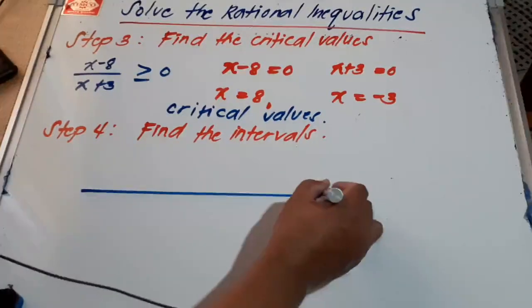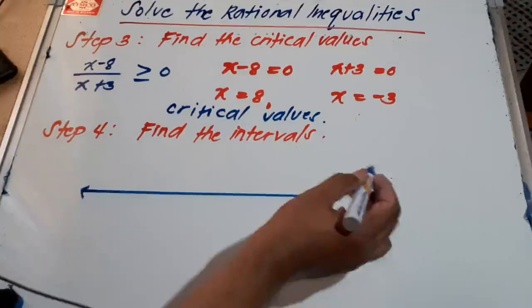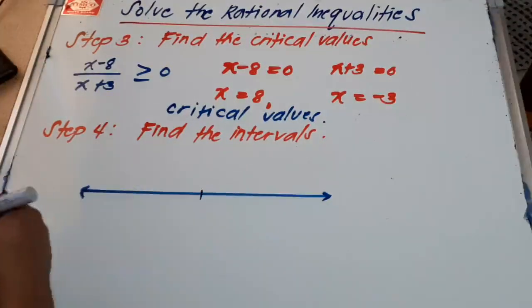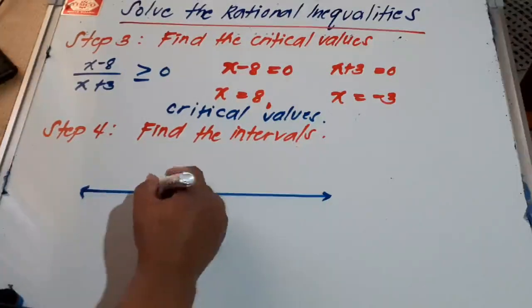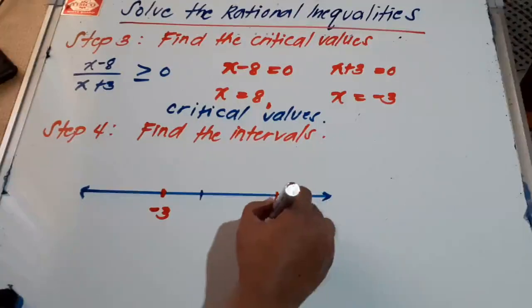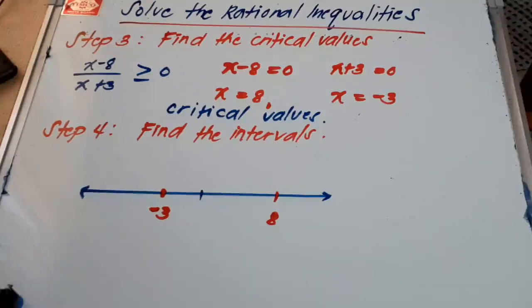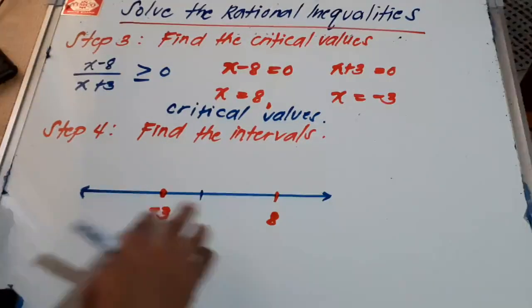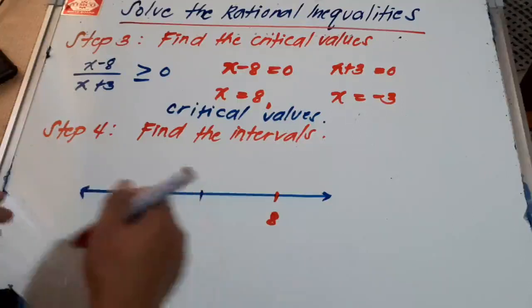Yan. Yun yung positive side, this is the negative side. This is, let's say, this is 0. So, naandito yung ating critical values. We have here negative 3. Let's say this is 8. So, if we're going to look at our real number line, nahati into 3 intervals.